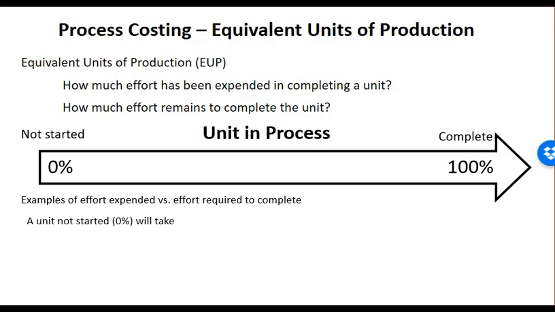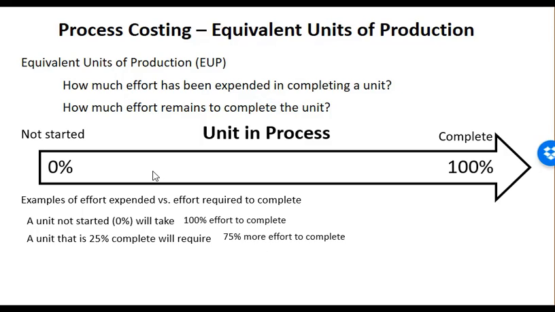Now, here are some examples of effort expended versus effort required to complete, and they're very simple. Number one, a unit that is not started, in other words, at 0%, will take 100% of effort to complete it. Number two, a unit that is 25% complete, about here on the timeline, will require 75% more effort to complete it.